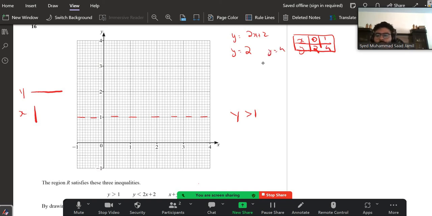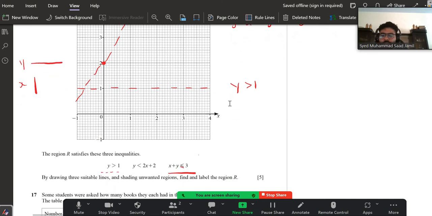So 0 comma 2 is this point, and 1 comma 4 is this point. So you just construct the line like this. Unfortunately, I made a terrible line. Let's make it like this. My lines would be a bit out of shape since I don't have a scale right now with me.